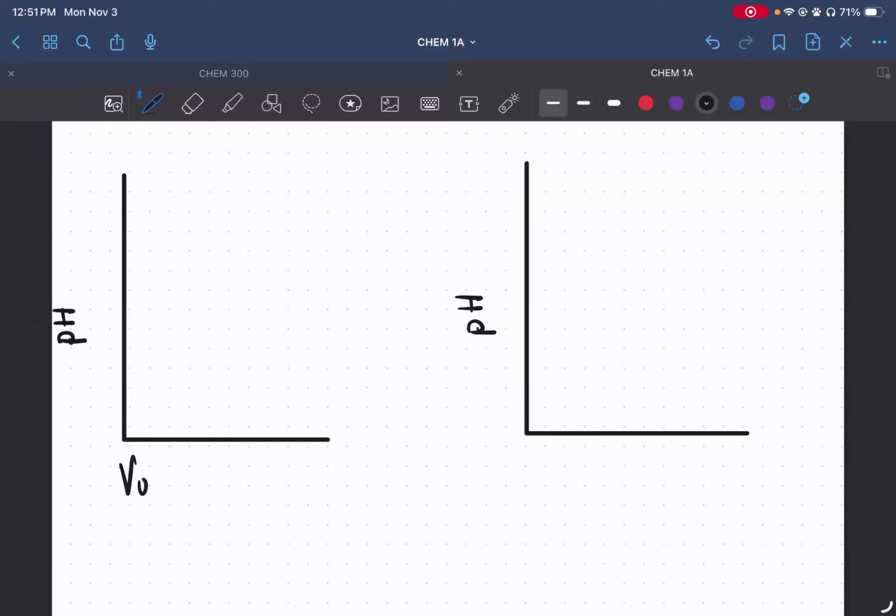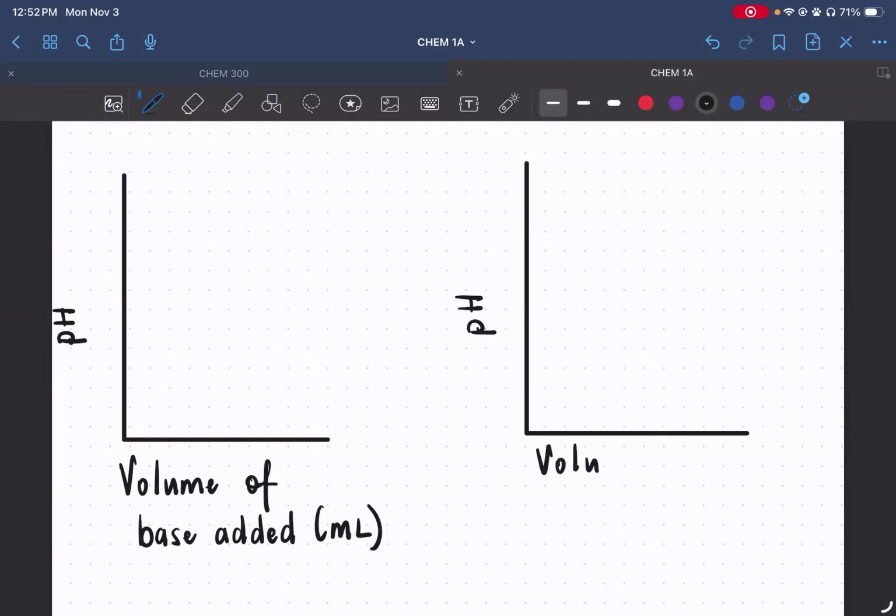The x-axis is the volume of base added. Remember, previously we called it titrant, but like I said, it will pretty much always be the base. So we're just going to go ahead and write base. Volume of base added, which of course will either be in milliliters or liters, but it's units that we know. And of course, pH is unitless.